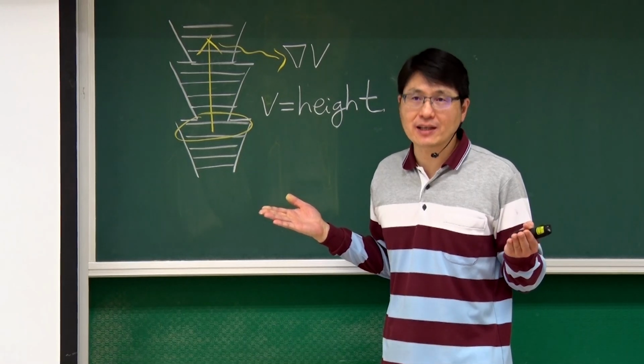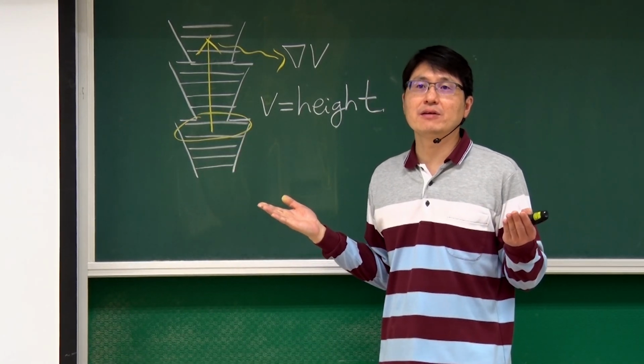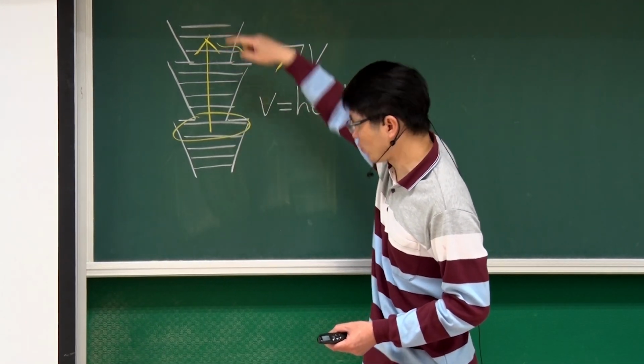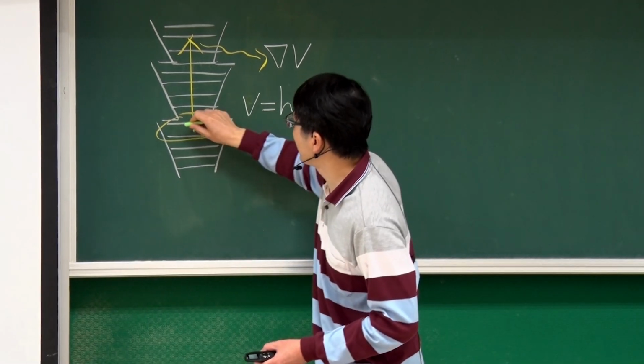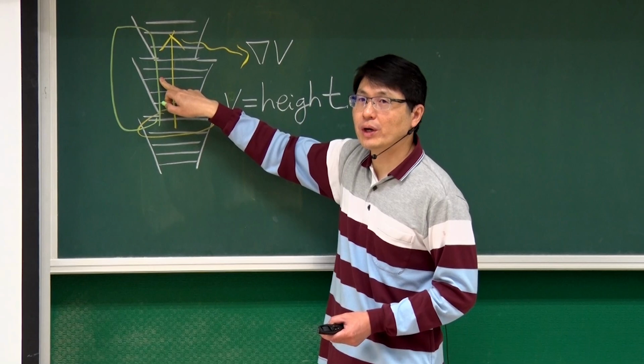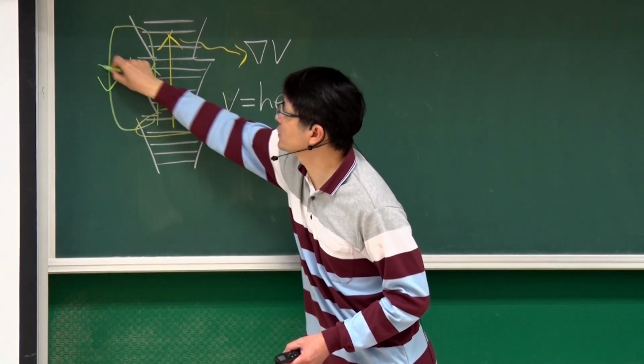You don't gain anything, right? You're walking on the same height, you don't gain any potential. And because this grad v is unidirectional, even though you walk in a closed path, this work will be cancelled by this work. So they cancel out.